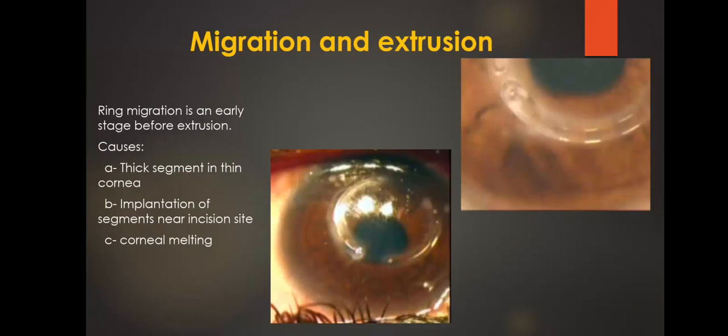Another complication is migration and extrusion. Extrusion and migration are two steps related to each other, as migration occurs before extrusion. Causes: if we implant a thick segment in a thin cornea, or implant segments near the incision site, or corneal melting. As in both photos, we can notice that there is extrusion of one end of the ring from a certain side.